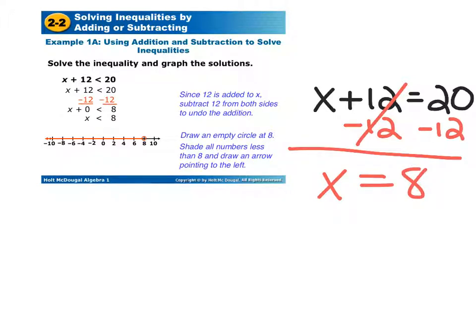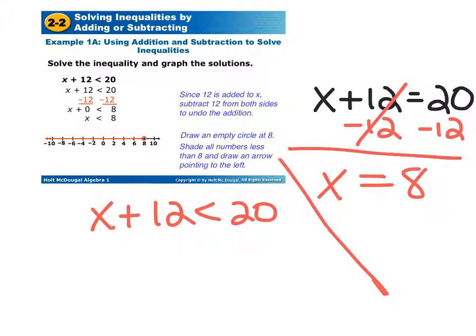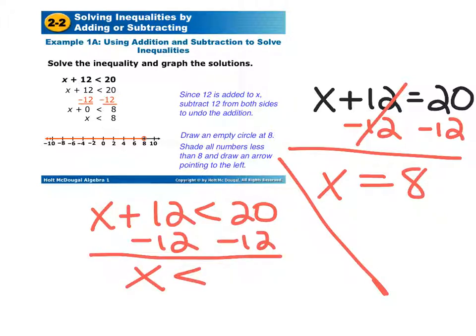We're going to do exactly the same thing when they're inequalities. The only difference is when we solve it, we're going to have, in this case, a less than symbol. So the process is the same. You subtract 12 from both sides, then you get x is less than 8.